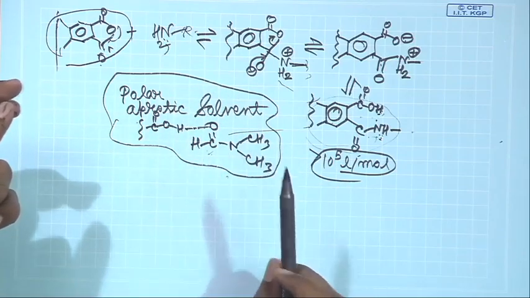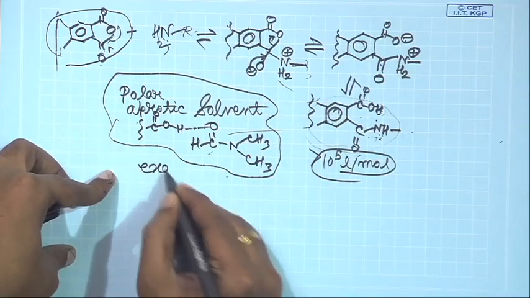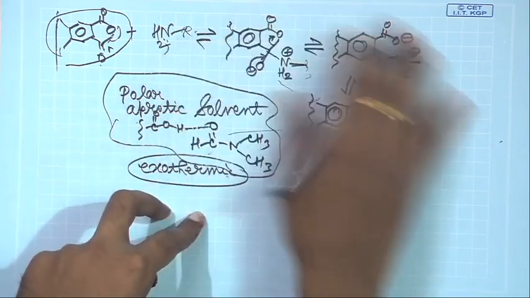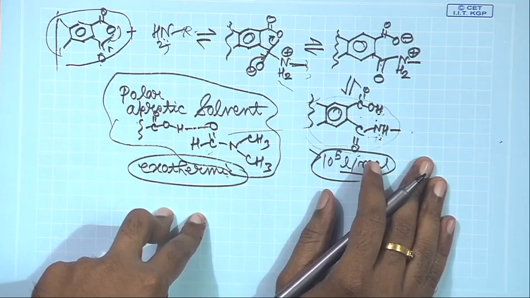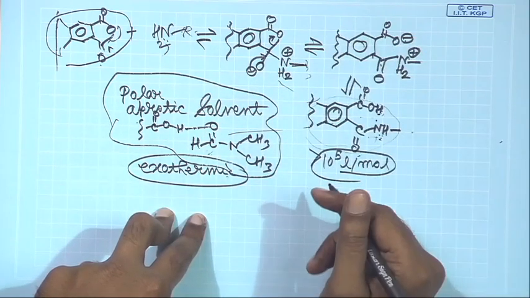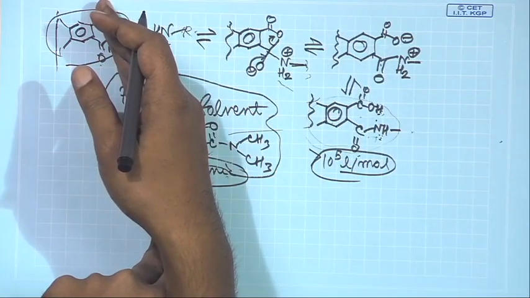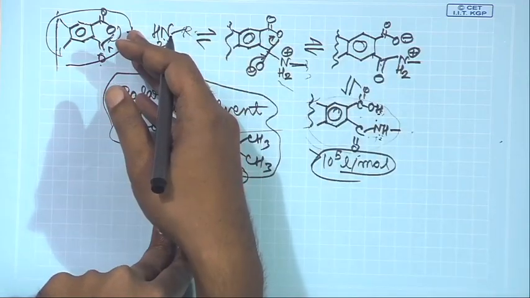This is one thing. Second thing is that this forward reaction is exothermic, meaning that it liberates heat. Since the forward reaction is exothermic, if you do the reaction at a high temperature, then the equilibrium will be shifting to the left. That means, the molecular weight of your polyamic acid will decrease. That is what you do not want.